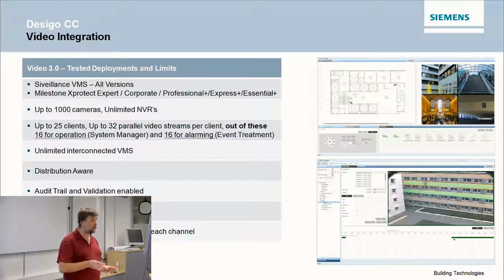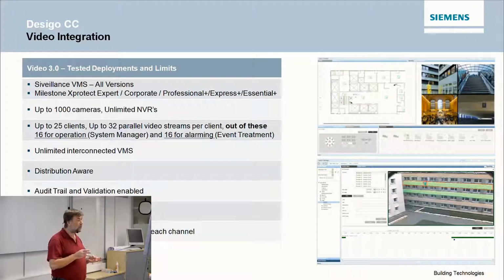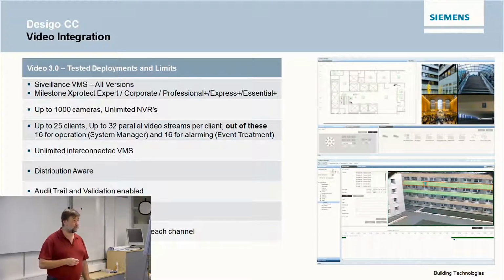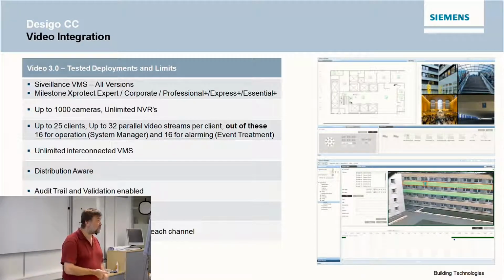This is the current limit in 3.0. We have, let's say, exceeded this in our testing, and we do this now in the next step, so the next delivery after 3.0, which will increase this to more than 60 streams inside the system manager, plus additional 60 inside the eventing.